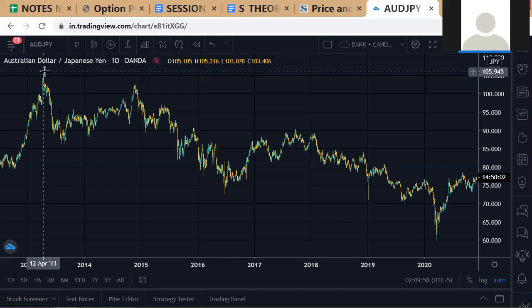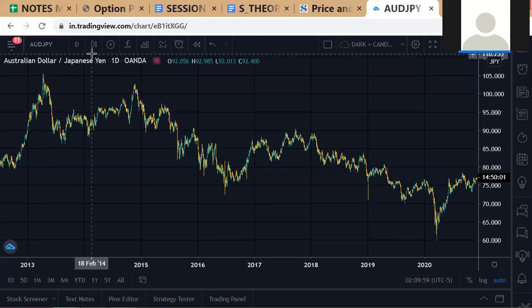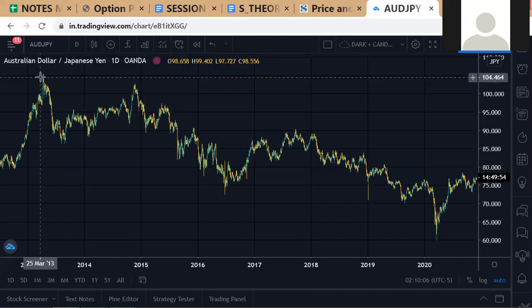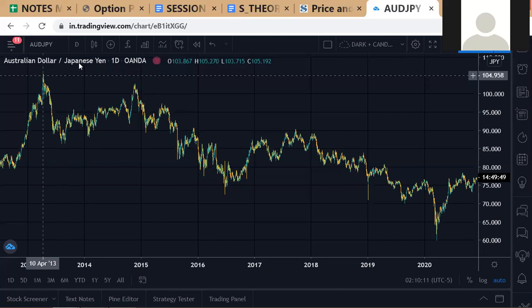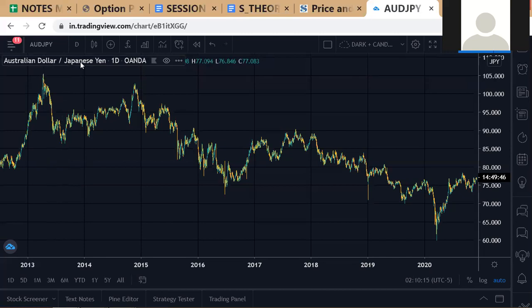In the spot Aussie yen market, two assets are trading, Aussie dollars and Japanese yen. So I ask the dealer for a price and he quotes me Aussie yen bid offer, and since I'm buying Australian dollars and selling Japanese yen, I will have to hit him on his offer price. So I hit him on the offer price and I buy Australian dollars and sell the Japanese yen.